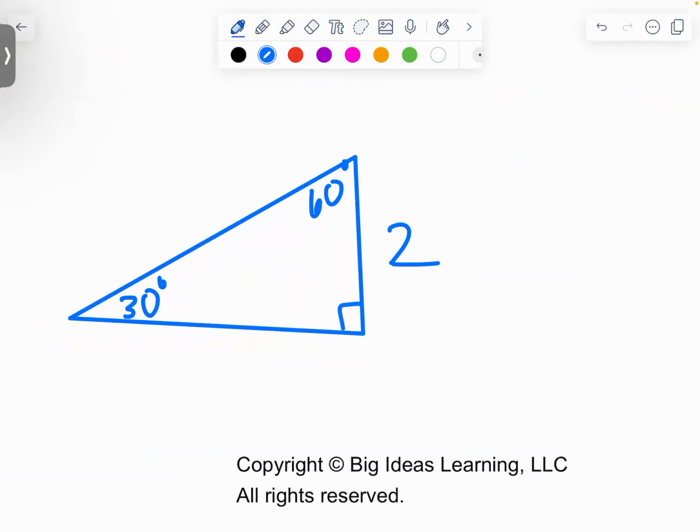Okay. So how do we go from our short leg to the hypotenuse? Look at your diagram. What do we do? We multiply by 2. So if we multiply 2 by 2, our hypotenuse is 4.